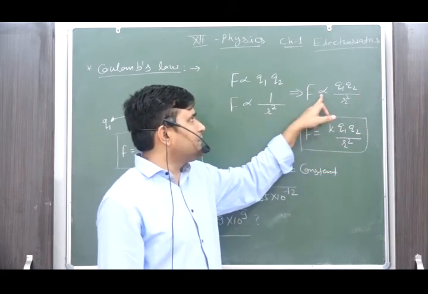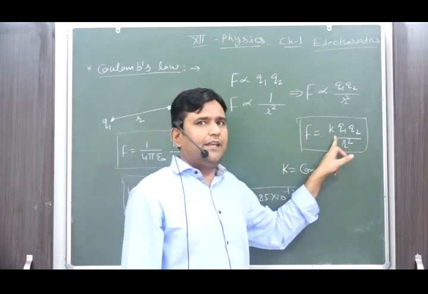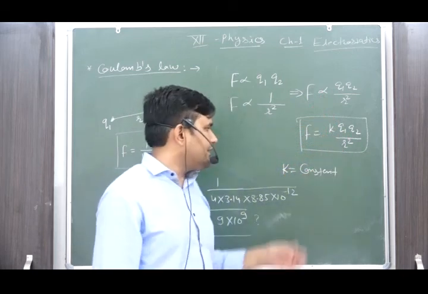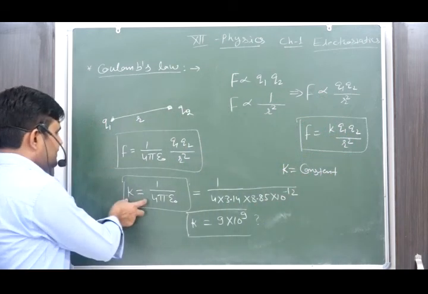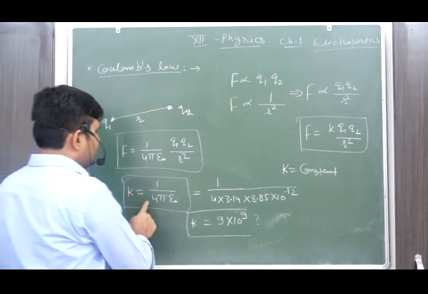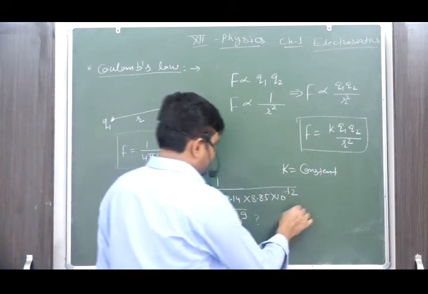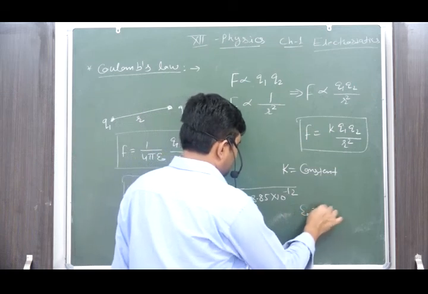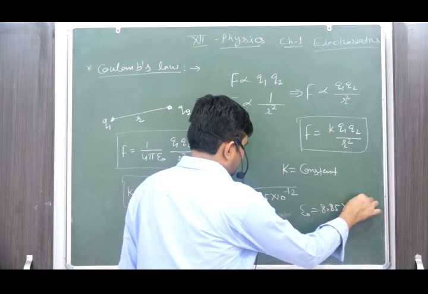Here we convert the directly proportional into an equal sign by multiplying a constant K. Here K is the constant, and the value of this constant K is equal to 1 upon 4 pi epsilon naught, where the value of epsilon naught is 8.85 into 10 to the power minus 12.